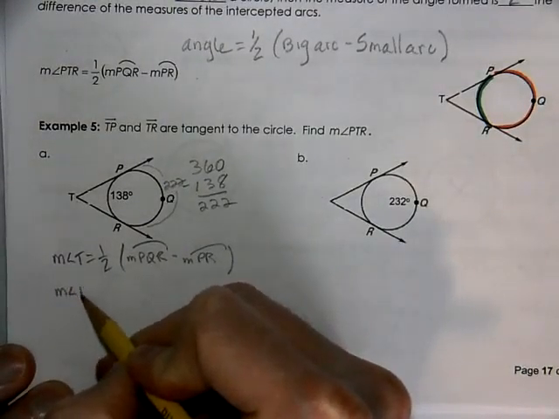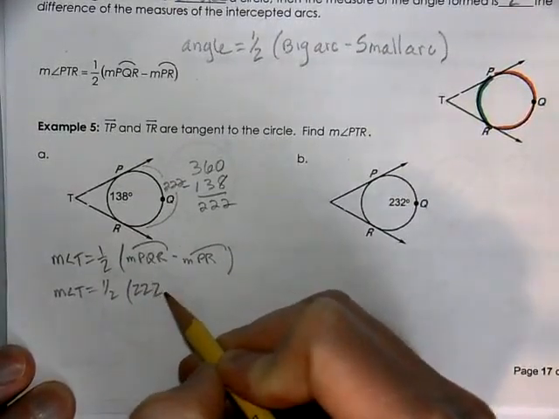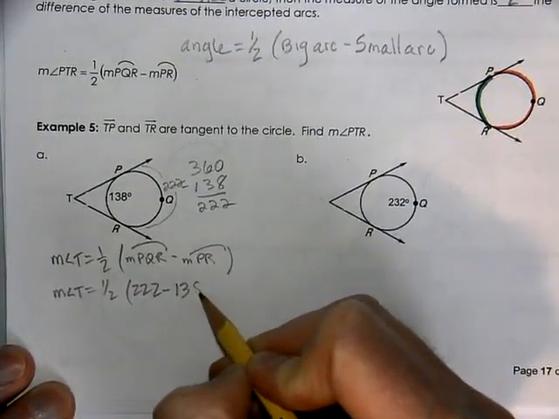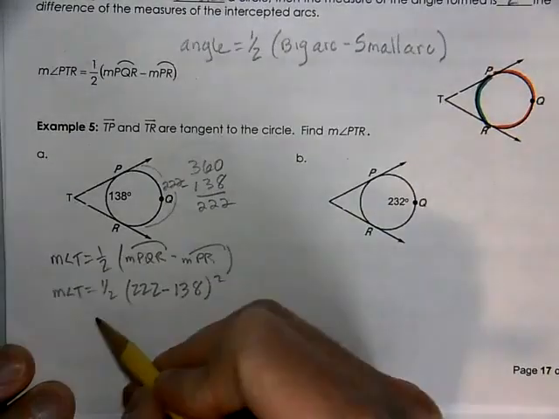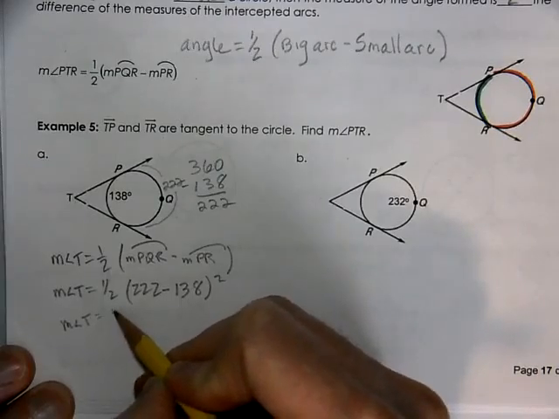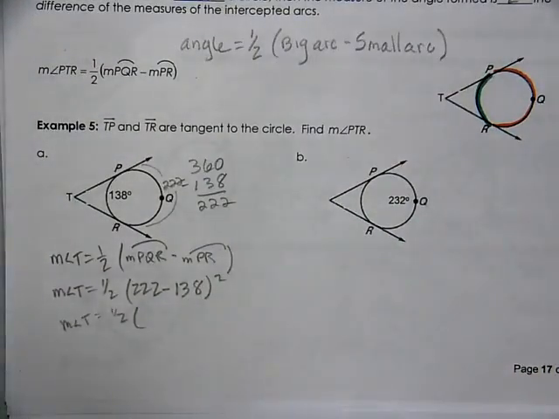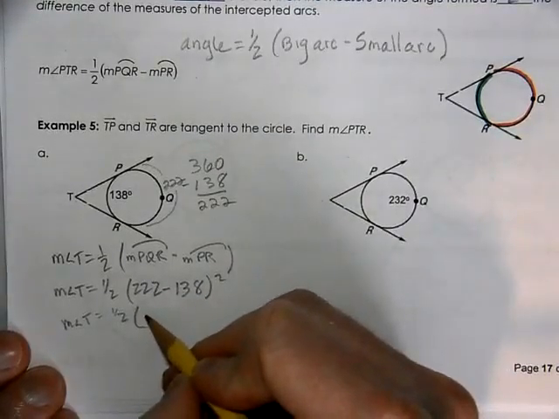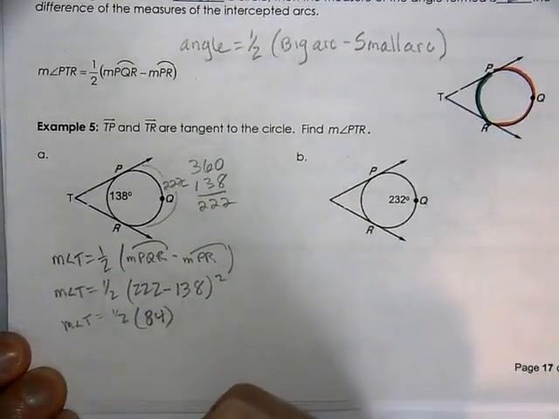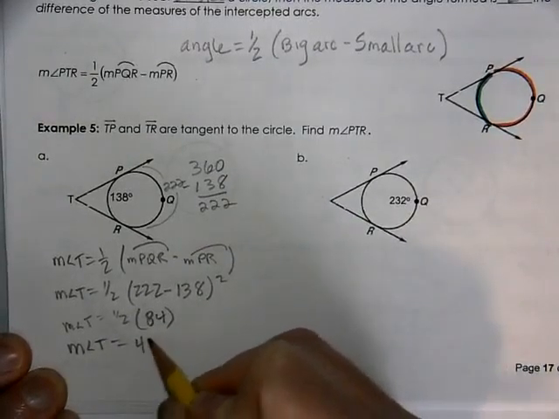So the measure of angle T equals half of 222 minus 138. So we're going to take half. When we subtract these, we get 84. So half of that value is 42.